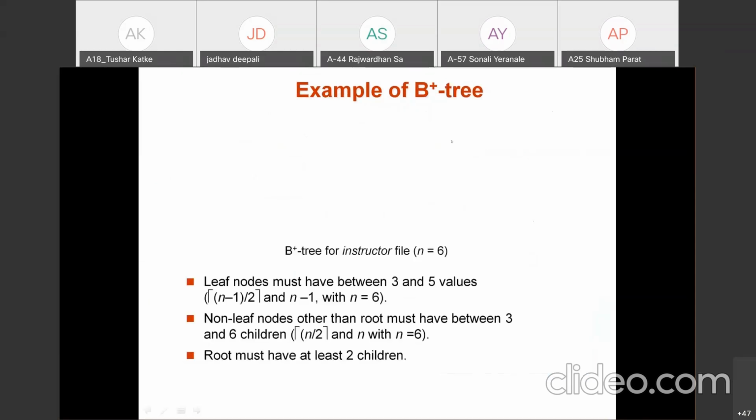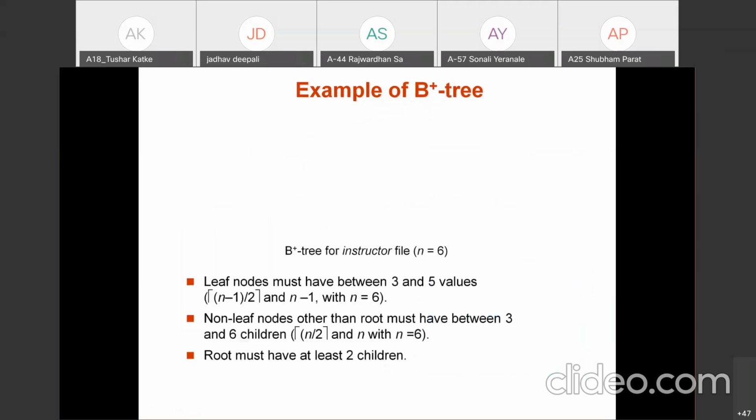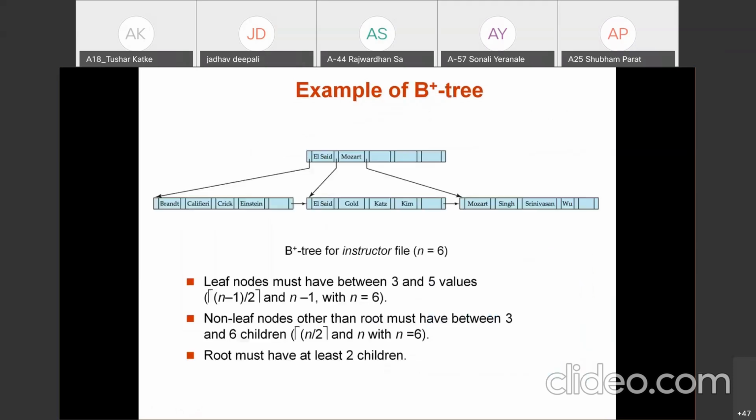Now another example. Here we have seen two examples with n equal to 4. Now if n is equal to 6, how many pointers are there? No, not 5.